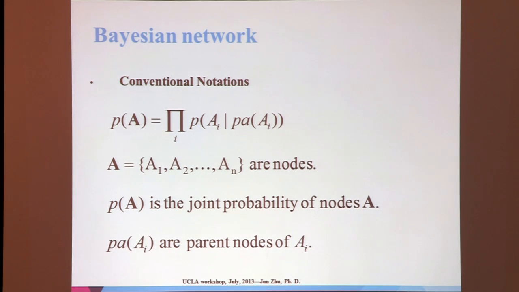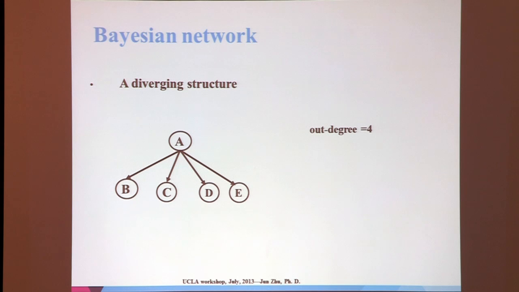And the general annotation is just that you have a node and we have its parents. Some of the structures people talk about have a degree. Whenever you talk about out-degree, that means you talk about a diverging structure. That means one parent simultaneously regulates multiple children.